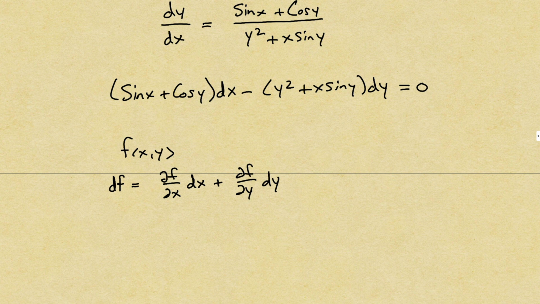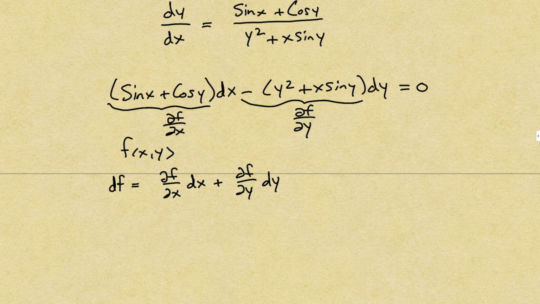Now, if we look at our equation, we see actually it's in a very similar form. And we wonder to ourselves, is there some function like f that maybe this is df/dx of, and this, don't forget the minus sign, is df/dy? Does this function f exist? And if so, it would essentially be our solution.